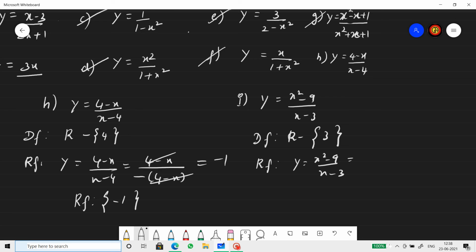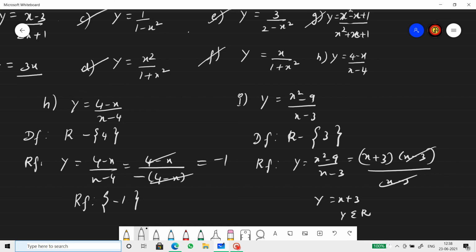Can there be any simplifications to this? Yes, of course. I can write x square minus 9 as x plus 3 into x minus 3, divided by x minus 3. x minus 3 gets cancelled. We get y equals x plus 3. So naturally y will belong to all real numbers.